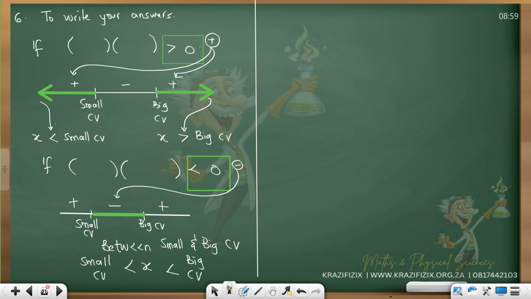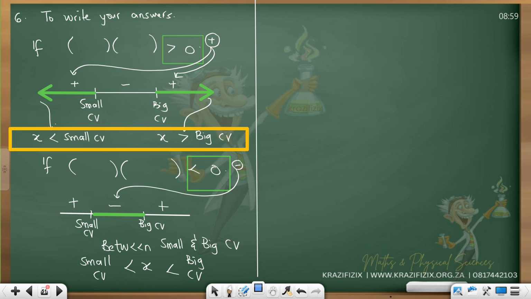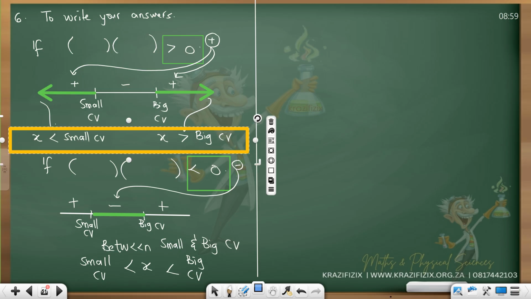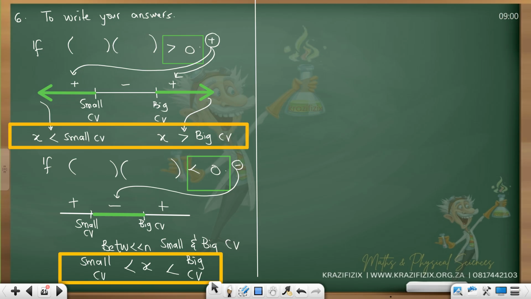Please, very important. You must know how to combine your answers. This is the first answer type. And the second one. Very, very crucial that we know how to put those answers. The third one, for one CV.